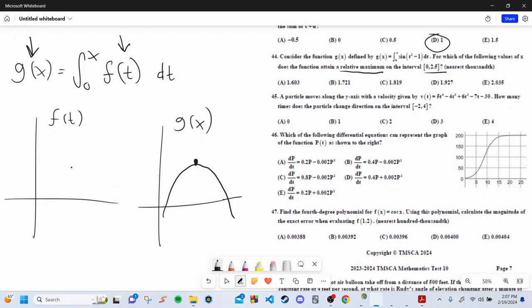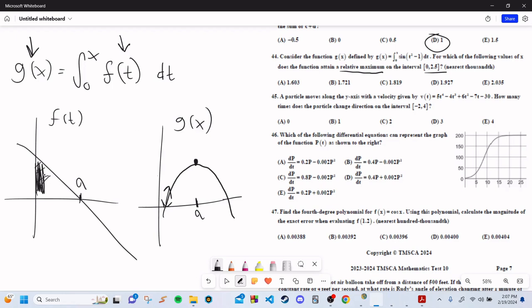But what this would mean is that for your function f of t, again, the integral is just like the area, right? Let's call this a. So the area is starting off really positive. It's growing a lot, as evidenced by this sharp tangent line on g of x.